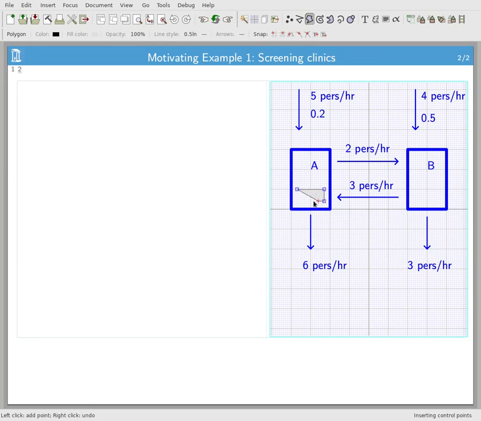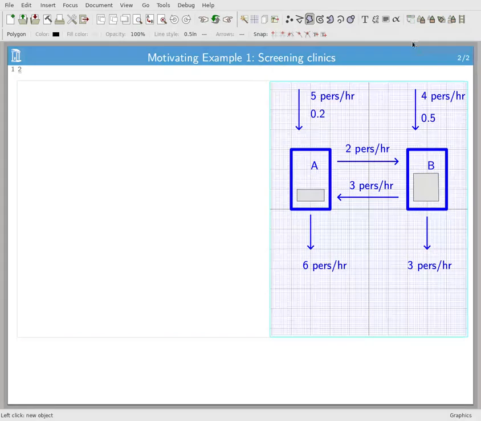This one is going to be a capacity of, let's say, like we said, 100, and another larger capacity for clinic B. And the interest now is going to be to figure out from this data what the time evolution of the number of infected individuals might be in each clinic.